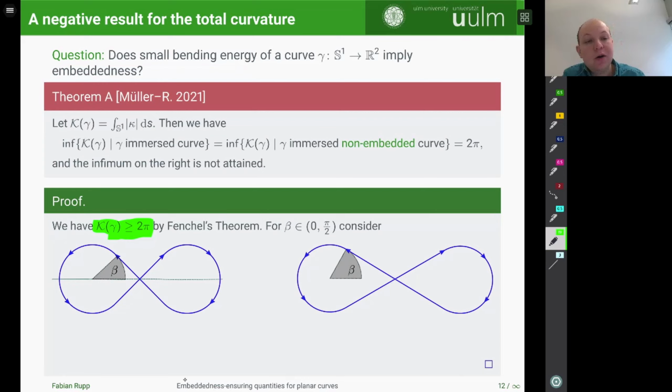Okay, and how we do that is we take a segment of a circle here, this yellow part, where an angular region with an opening angle beta is missing.